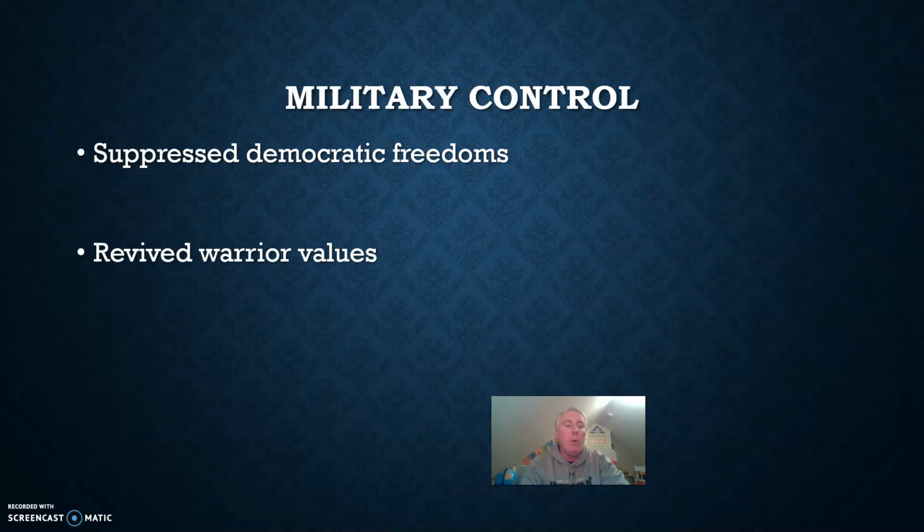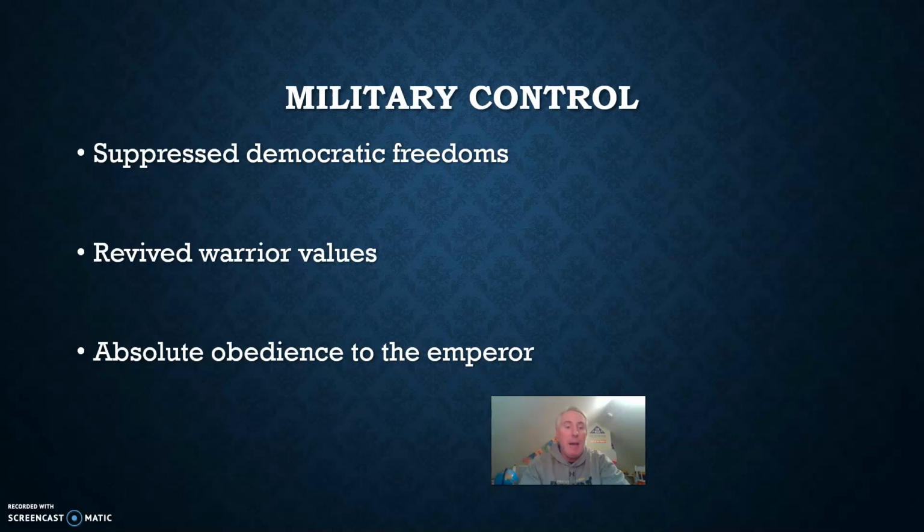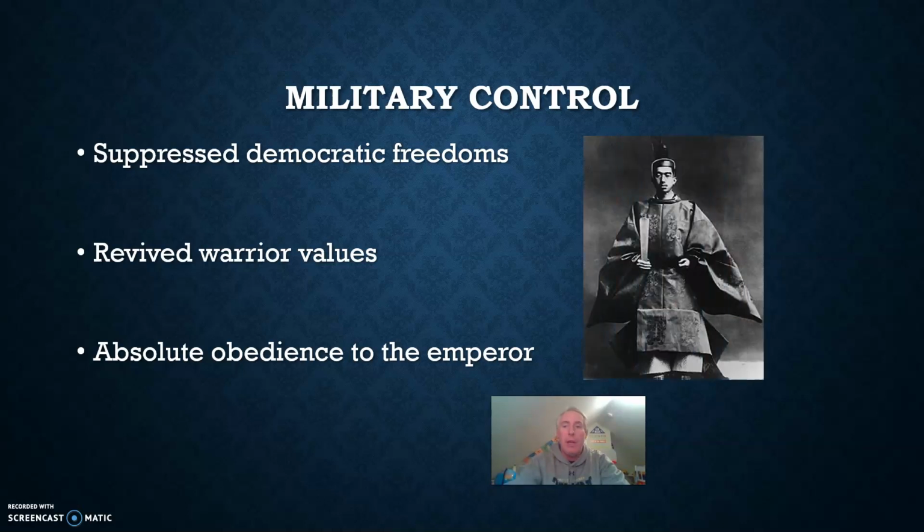It revived the old warrior values, like from the samurai days, okay? Strength, honor, but also death before dishonor, complete obedience to authority. And at the top of the authority was the emperor. So here you see Hirohito, but in his more traditional robes. This absolute obedience to the emperor was reinforced in school and popular media.